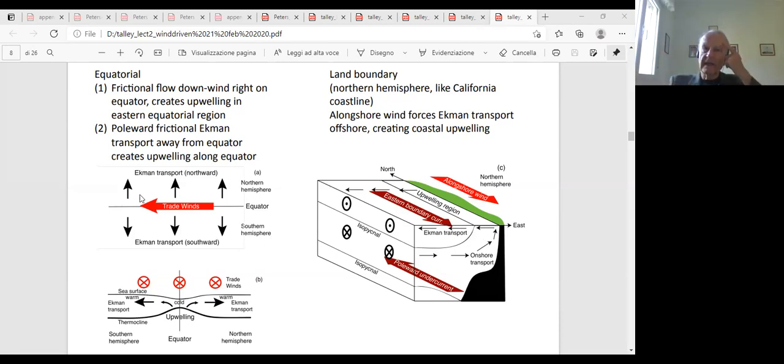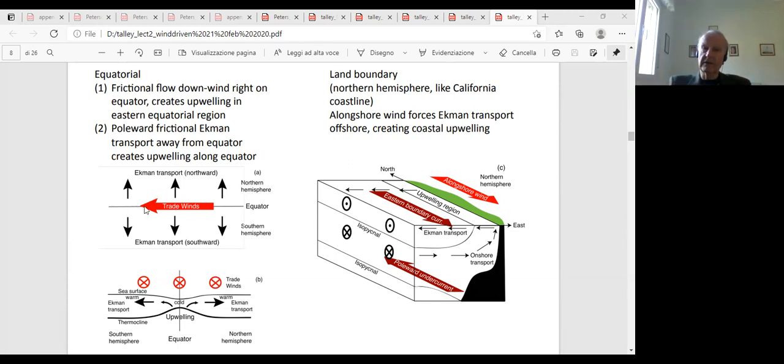Here is what I already told you before. This is the equatorial upwelling, which is due to the trade winds along the equator, where due to the changes of the Coriolis force direction, there is the Ekman layer transport divergence north with respect to the south.